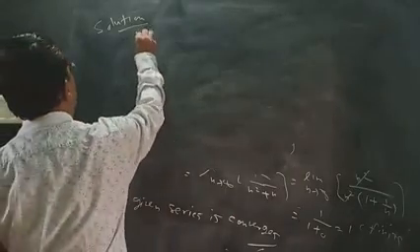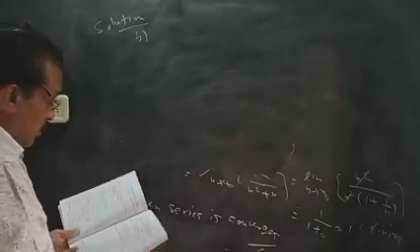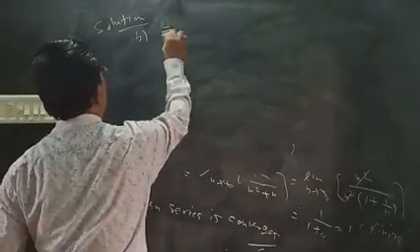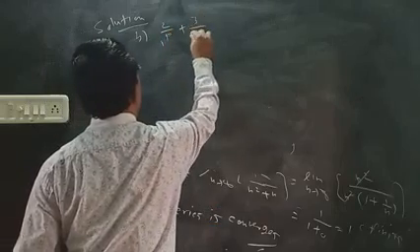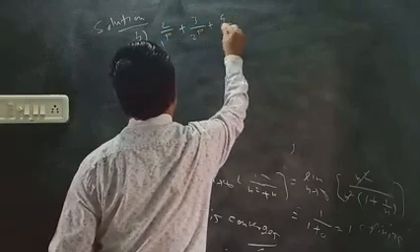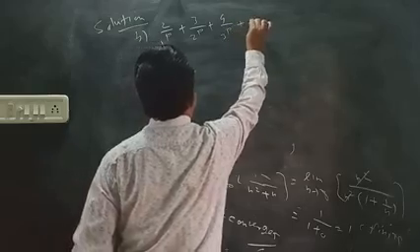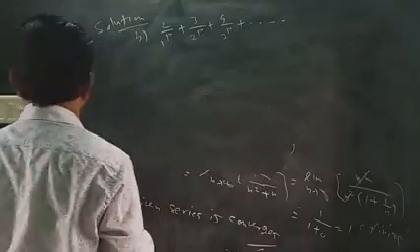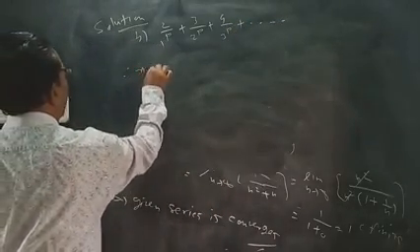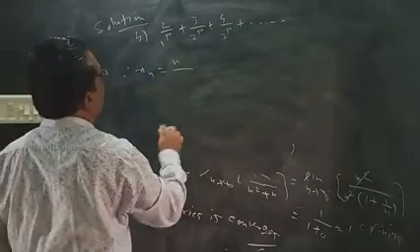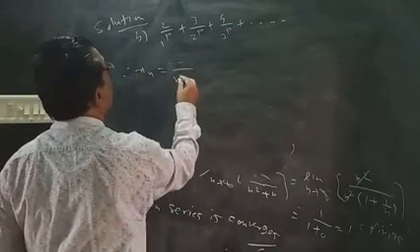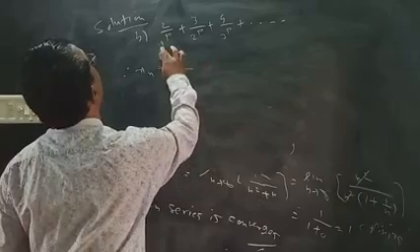Second: 2 upon 1 raised to power p, 3 upon 2 raised to power p, 4 upon 3 raised to power p, and so on. So Xn will be n plus 1 upon n raised to power p.